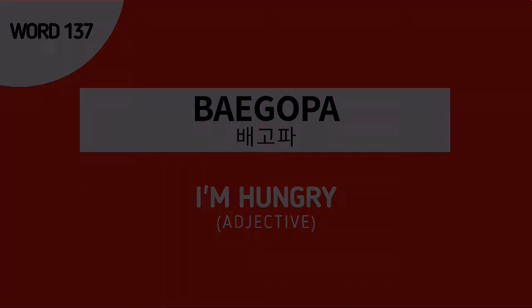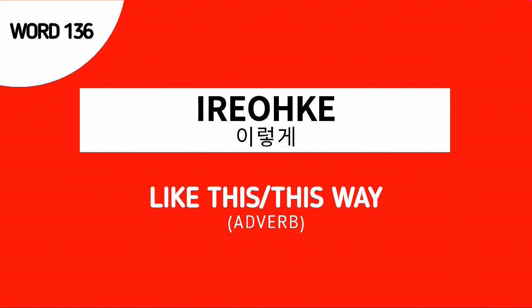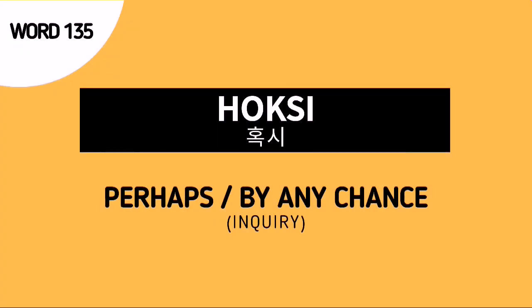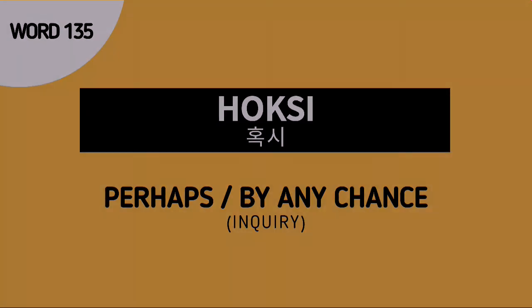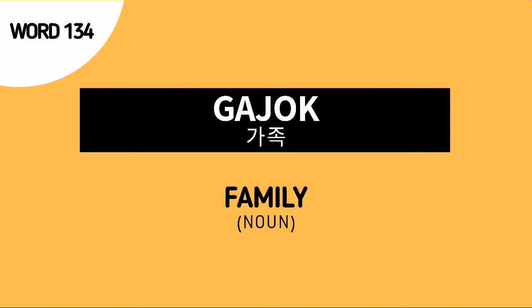Word number 136 is 이렇게. This is an adverb which is used to say that an action should be done like this or this way. Word number 135 is 혹시, and this is used for inquiry, and this is used to say perhaps or by any chance. Word number 134 is gajok, and this is the Korean noun for family.